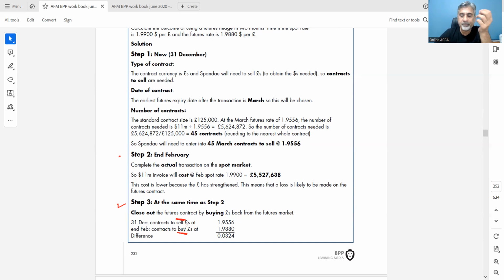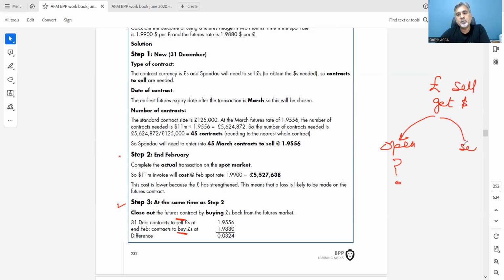I'm sorry, please pay attention. I'm redefining it again so that you don't forget it. I want to sell my sterlings and get dollars. When I go to the open market, I don't know what will happen there. So I make a contract with someone else as well that I will sell you my sterlings at 1.9556.